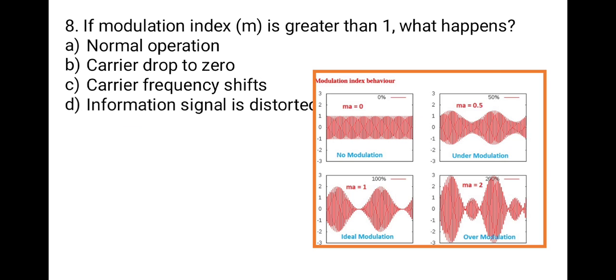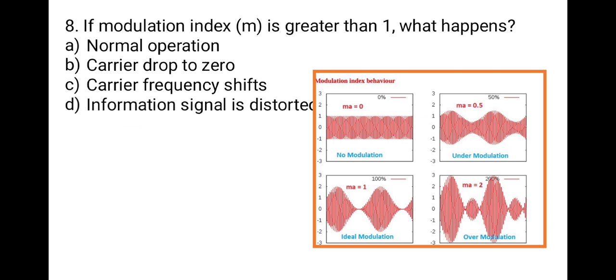And last one is when modulation index is greater than 1. This is the condition of over-modulation. In this condition, Vm is greater than Vc, meaning the amplitude of the modulating signal voltage is greater than the carrier voltage. And in over-modulation, the information signal is distorted.